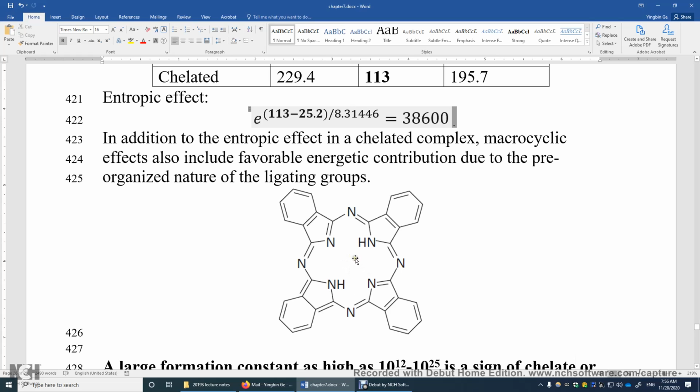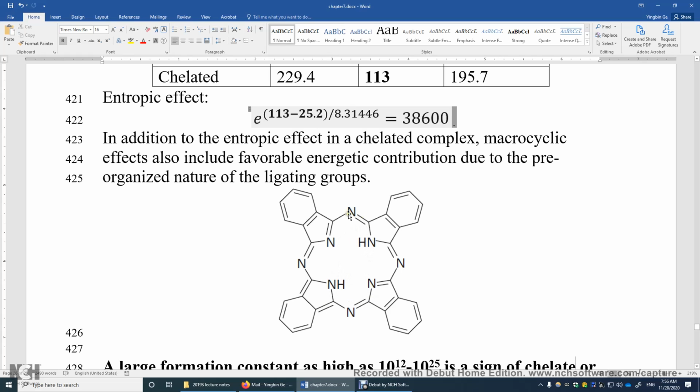This is favored energetically as well due to the pre-organized nature of the ligating groups. So you have these groups here. Once you put a transition metal here, you're forming 1, 2, 3, 4 bonds easily with these 4 points of attachment.